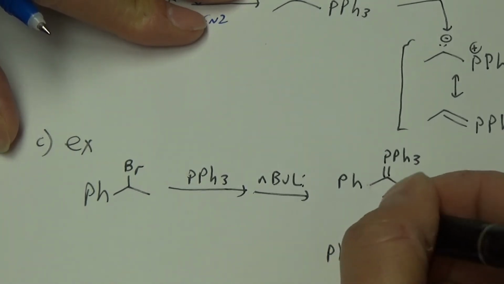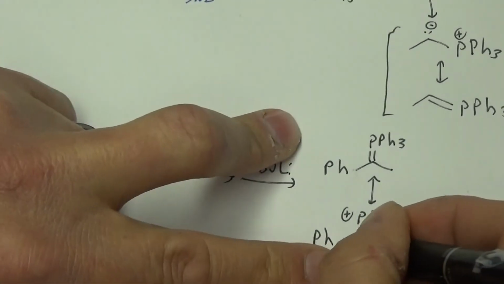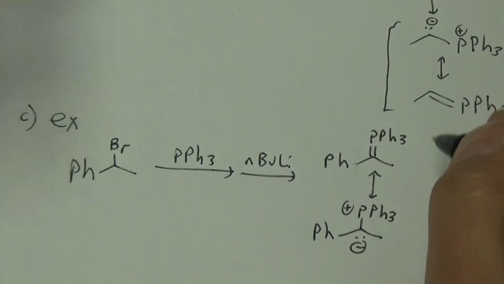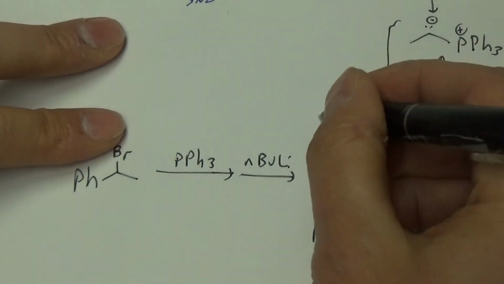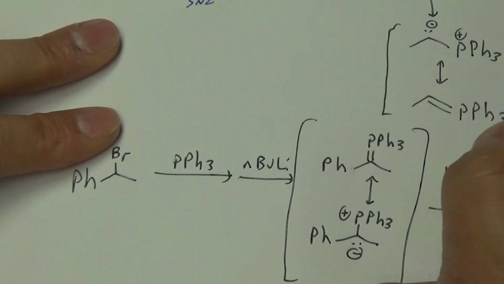PPh3 positive, negative, right? Okay. Let's draw a random aldehyde.